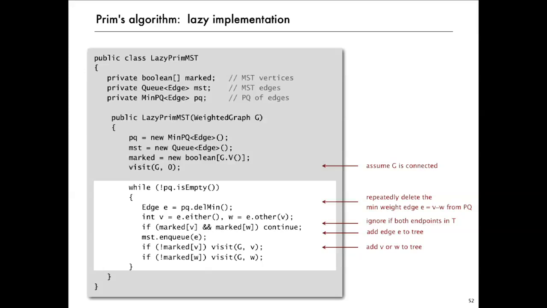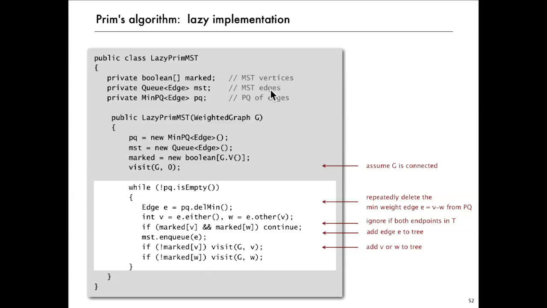Again, the data structures that we built up in part 1 of this course give us a very compact implementation of this MST algorithm. We're going to need 3 instance variables. One is an existence array, a vertex-indexed array of Booleans that for each vertex will tell us whether or not it's on the MST.